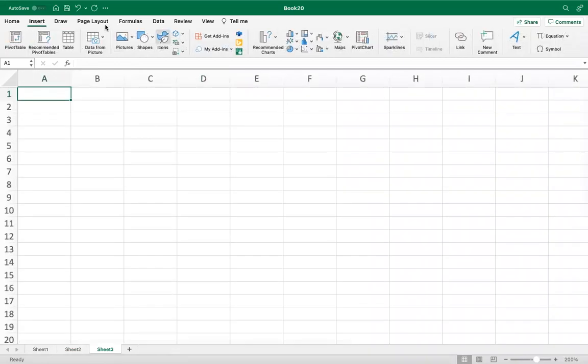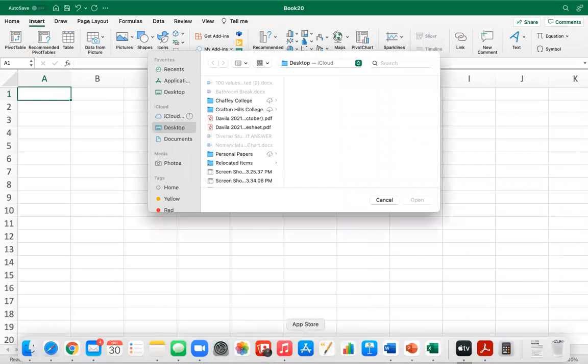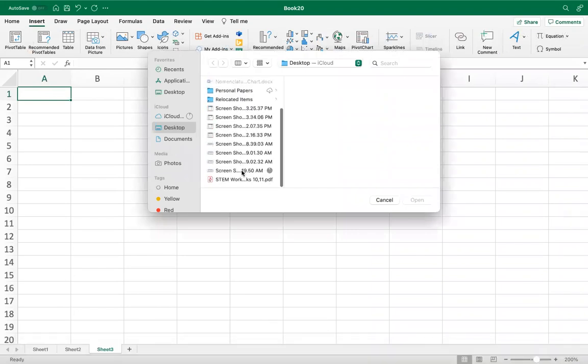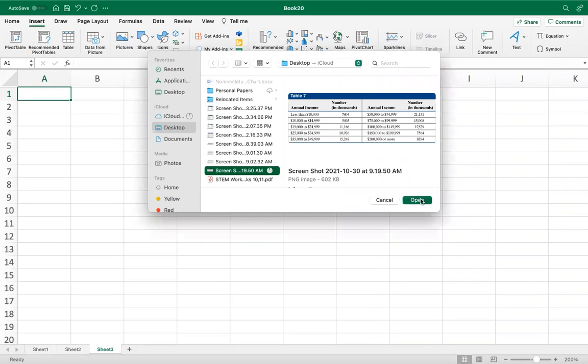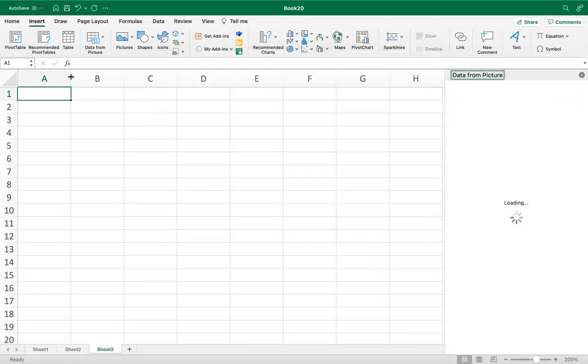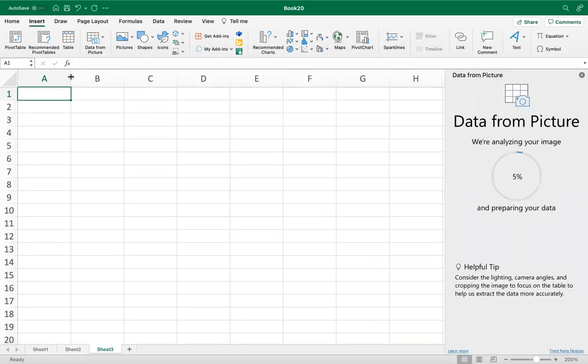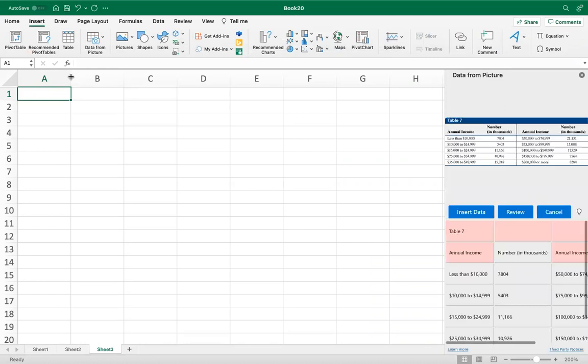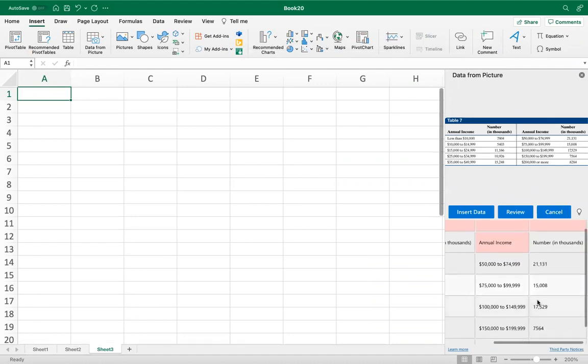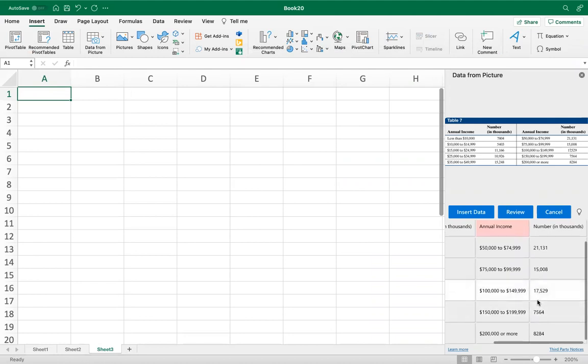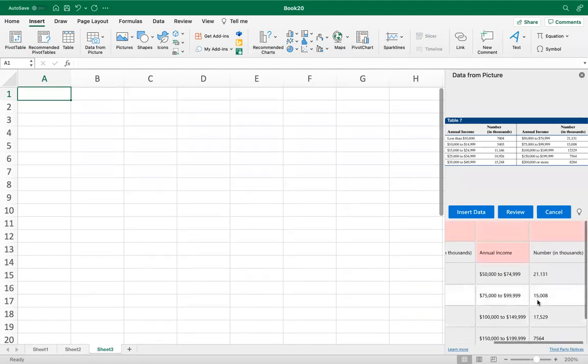So insert data from table, and it should be this last one. Yep. All right, looks good to me.